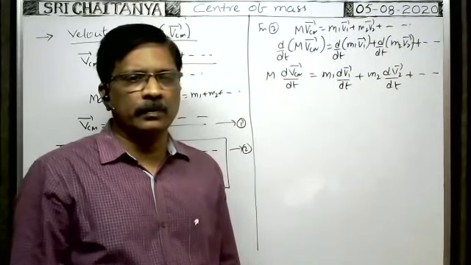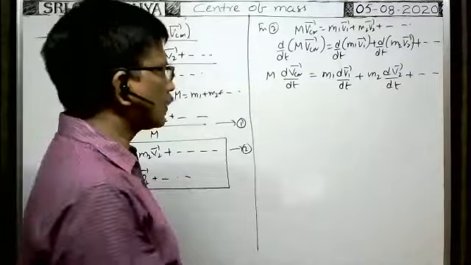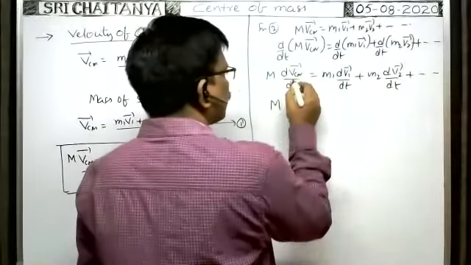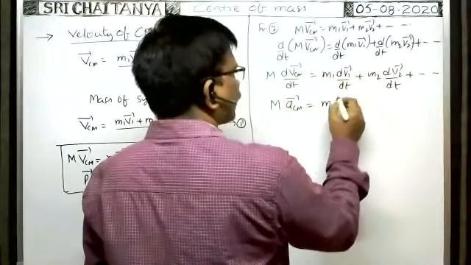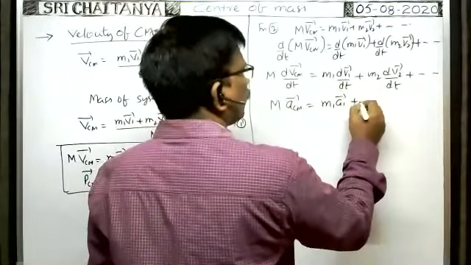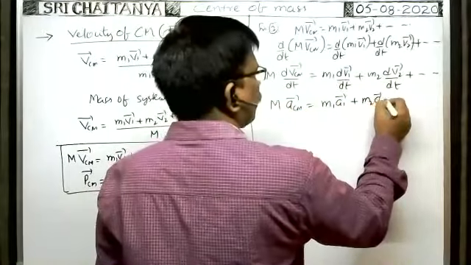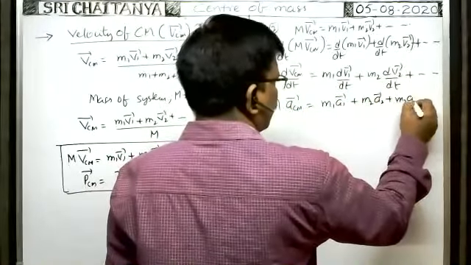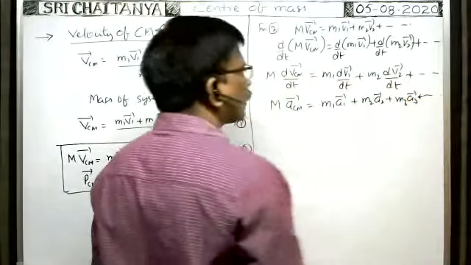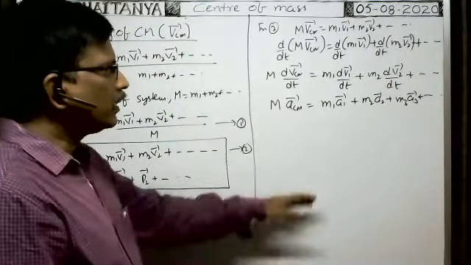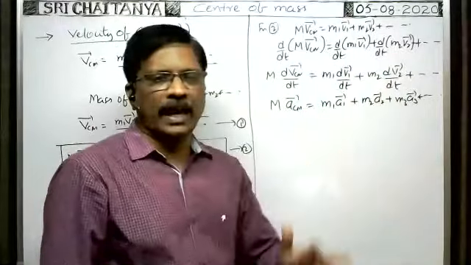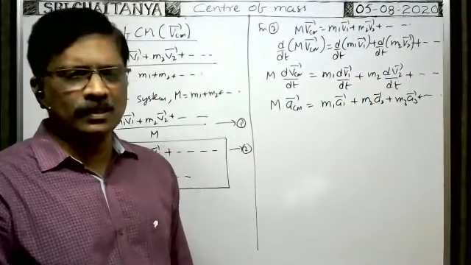Acceleration of center of mass, no? So M into ACM bar, the acceleration of center of mass, is equal to M1 into the acceleration of the first particle, M2 into the acceleration of the second particle, plus M3 into the acceleration of the third particle and so on. Where ACM is the acceleration of the center of mass, and A1, A2, A3 and so on are the accelerations of the different particles in a system.